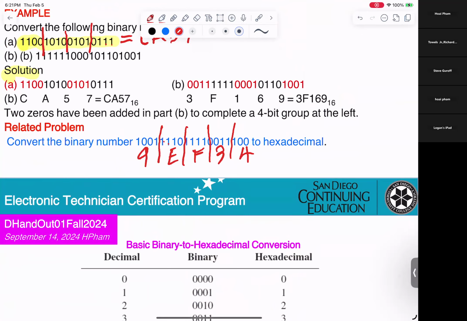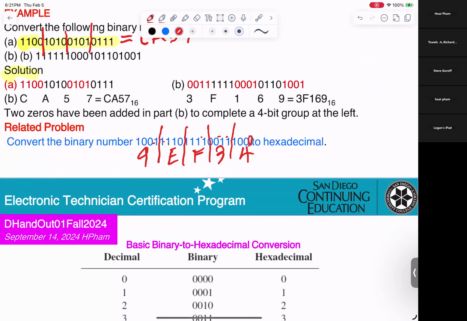Make sure we count right: 1, 2, 3, 4, 5. So if you get 1, 0, 0, you have to add a 0 here, correct?